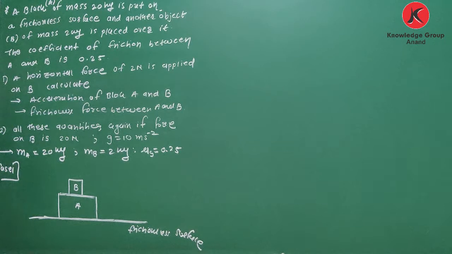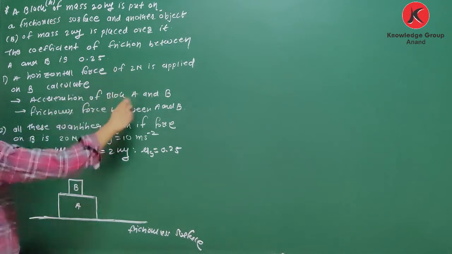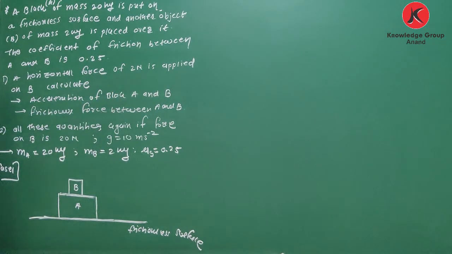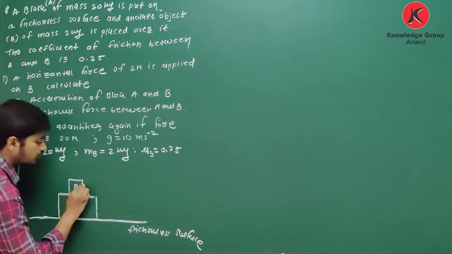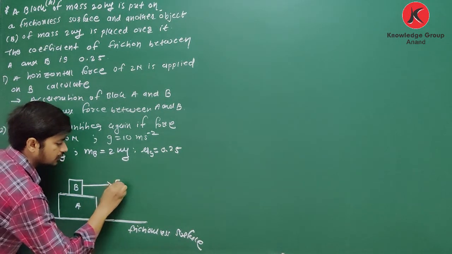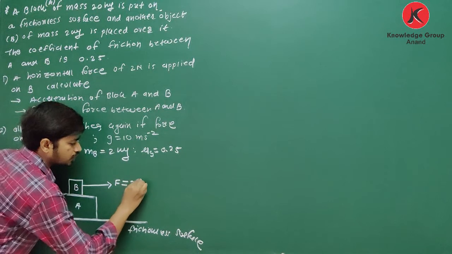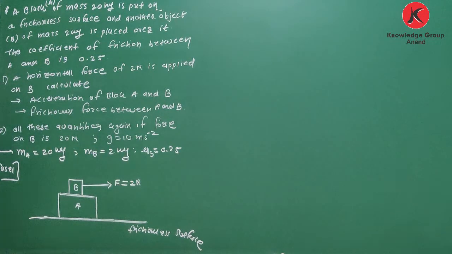What is the first question? A horizontal force F equal to 2 Newton is applied on B. Then you have to calculate the acceleration of blocks A and B and the frictional force between A and B. On B the applied force is 2 Newton.